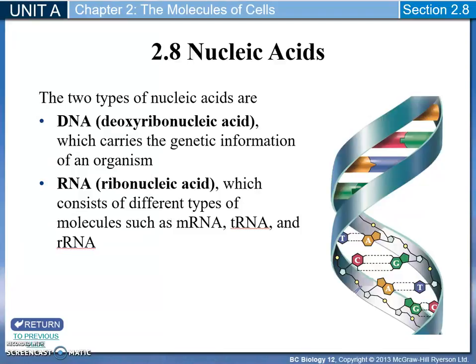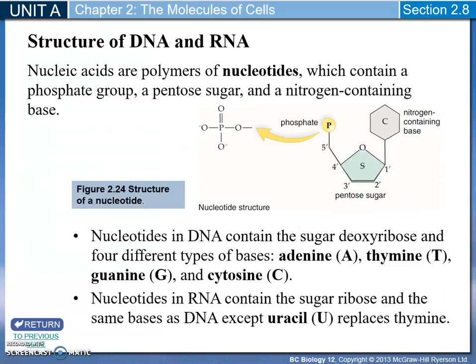Then we also have RNA, which is the ribonucleic acid, and this consists of three different types actually. We have mRNA, tRNA, and rRNA. We will refer to them further, and we will define what each one of those is.